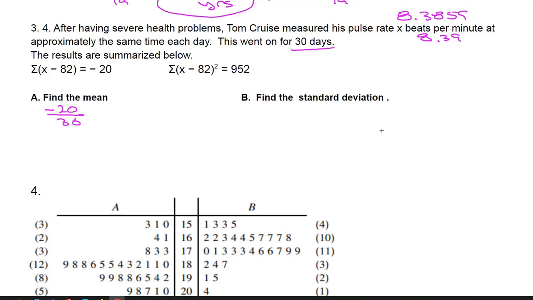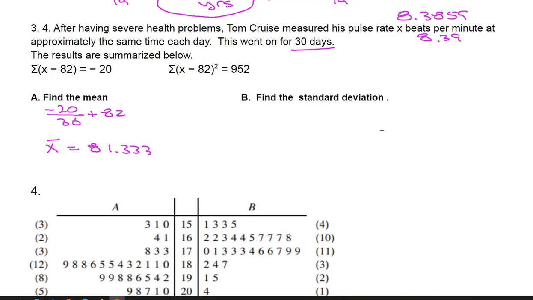They want the actual mean. So what I'm going to do now is add 82, and the actual mean is going to be 81.333.